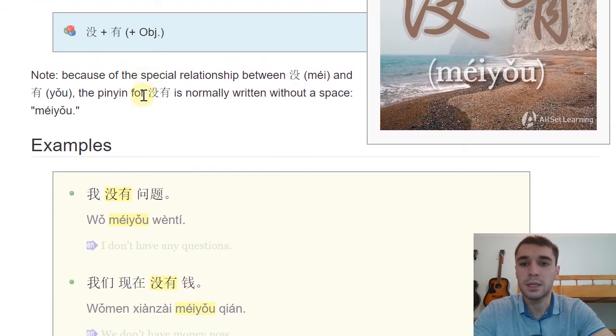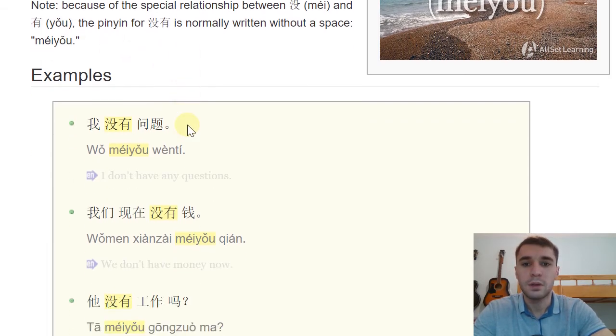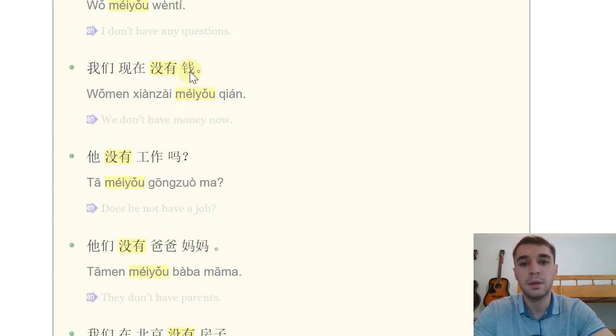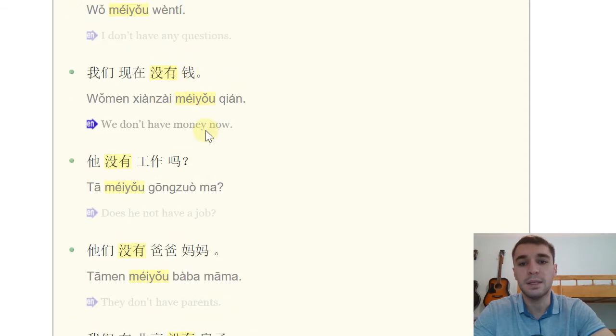Let's look at some examples, but first you should know that you can say 没有 or you can just say 没 without 有. Okay. 我没有问题, I don't have any questions. 问题 questions, problems. 我们现在没有钱, we don't have money now. 现在, if we talk about time, we should write it after the subject. The time words. Okay, 没有钱, don't have money.